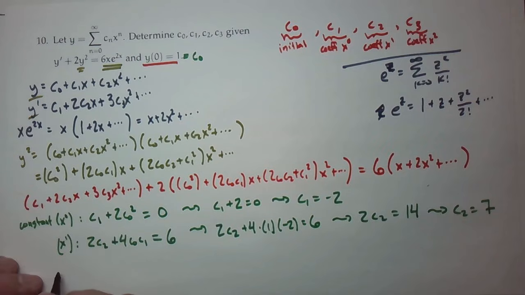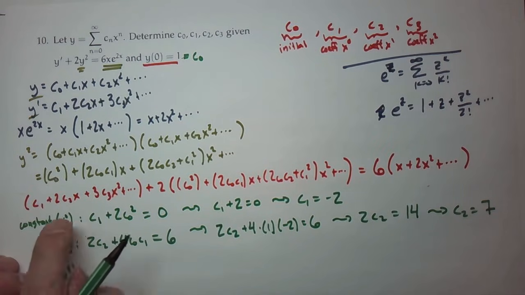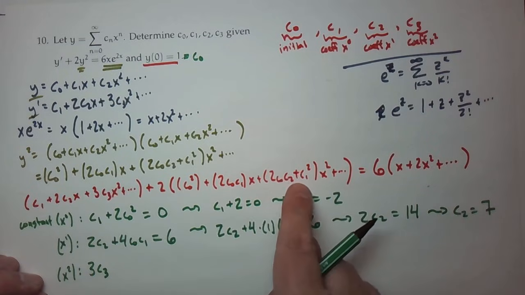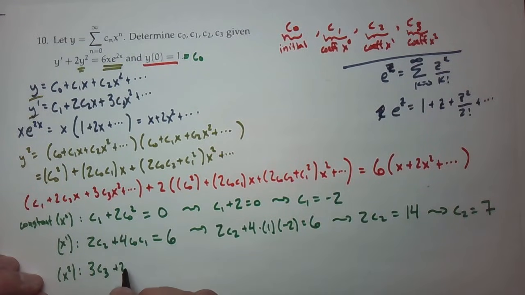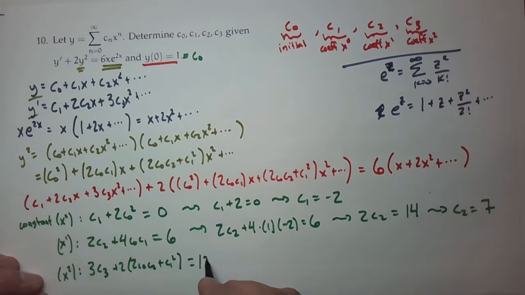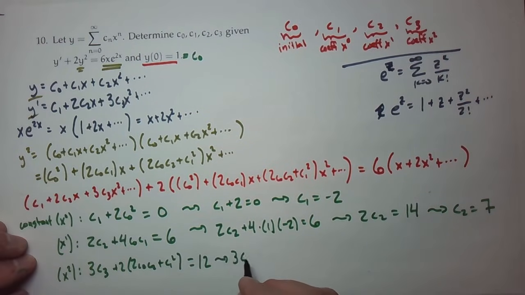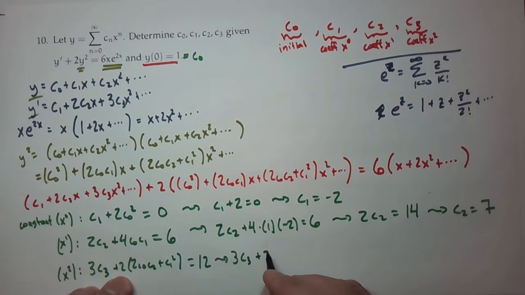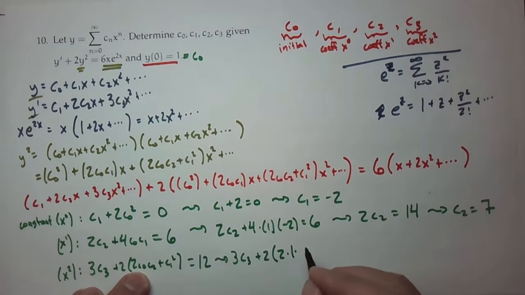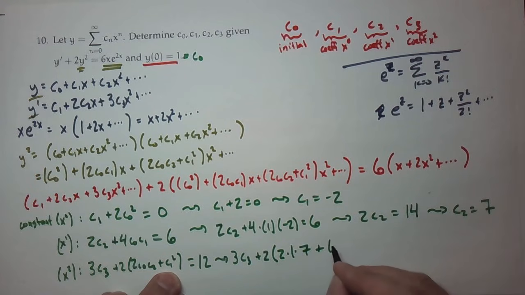Okay. x squared. We're going after the coefficient for x squared. From the first term, 3c3. From the next term, remember to multiply the 2 through. Plus 2 times (2c0c2 plus c1 squared) equals, coefficient for x squared on the other side, 12. Okay, so 3c3 plus 2 times (2 times c0, which is 1, times c2, which is 7, plus c1 squared, negative 2 squared).